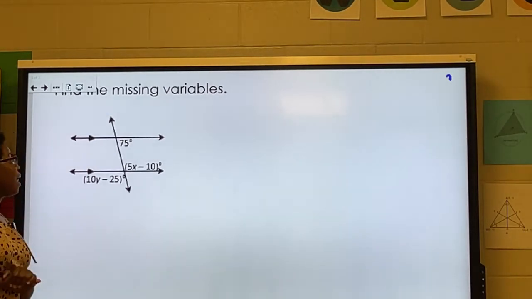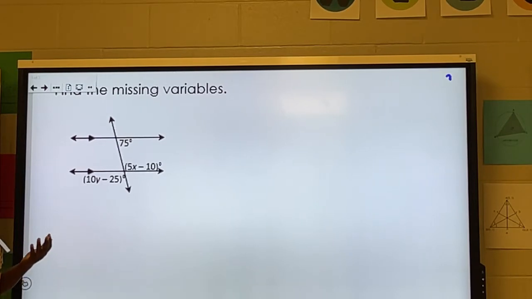Okay, so I'll be working this question involving transversal and parallel lines where algebra is involved, which basically means you're going to be given some variables to solve for, either x, y, or whatever the letter is, but you have to know the concept behind transversal and parallel lines first before you can do this.